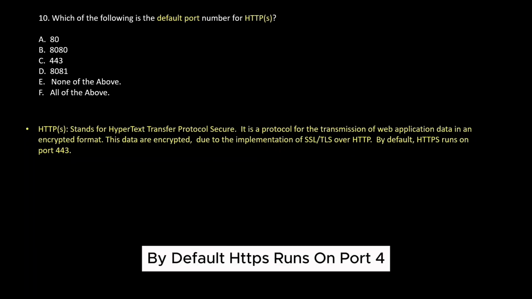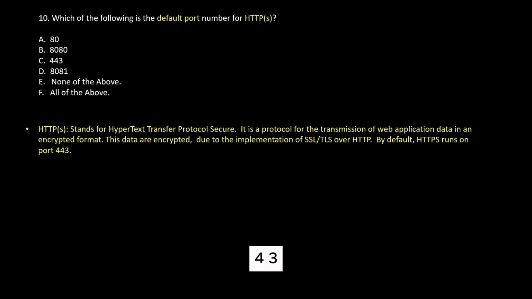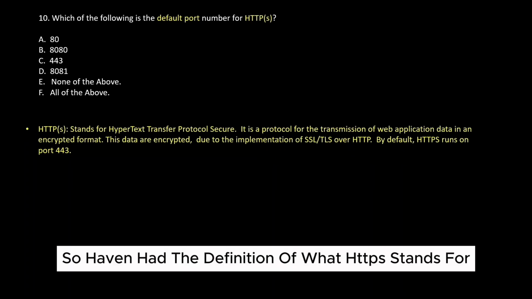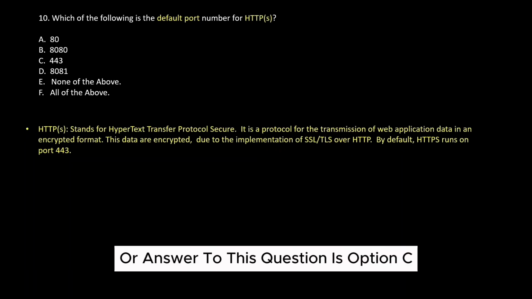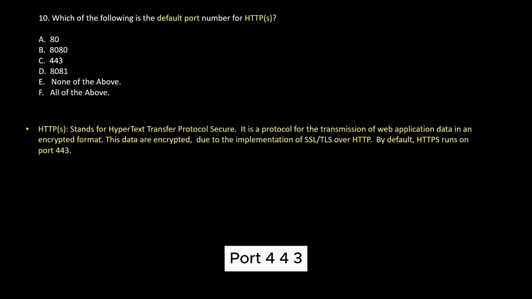By default, HTTPS runs on port 443. So having had the definition of what HTTPS stands for, the correct option or answer to this question is option C, port 443.